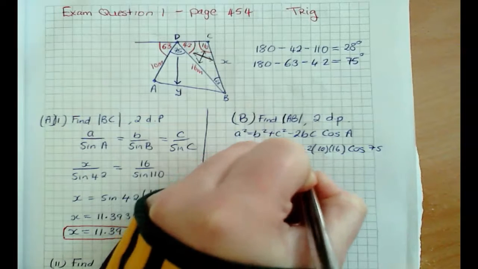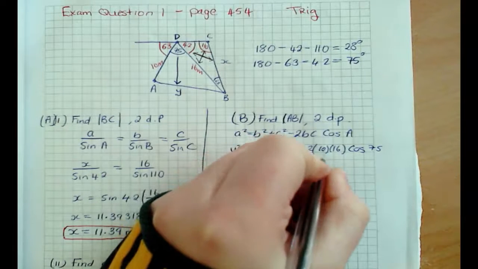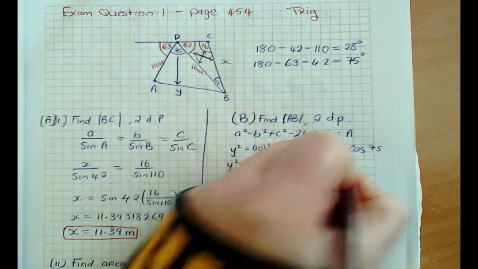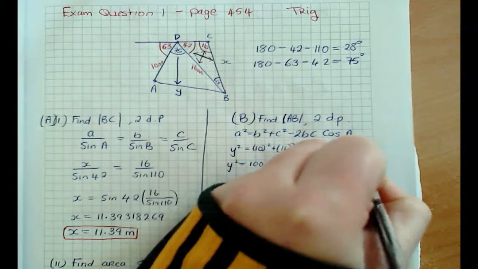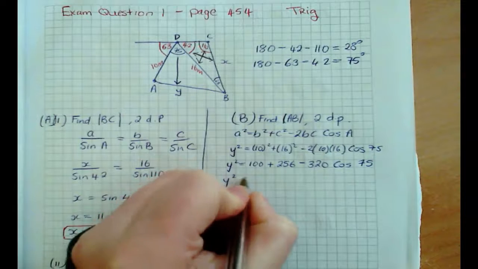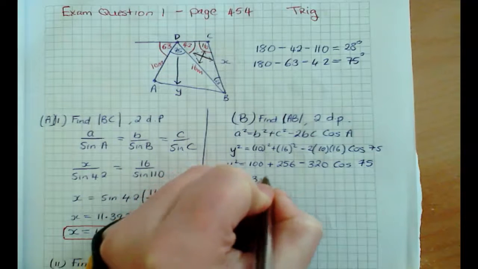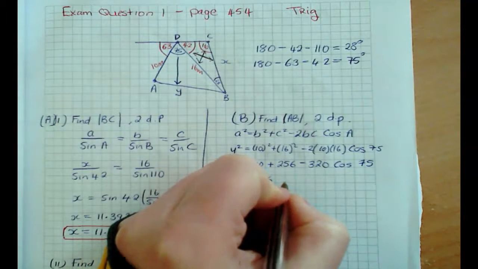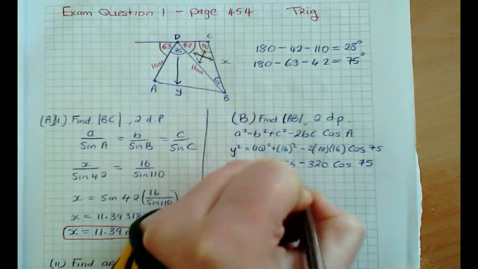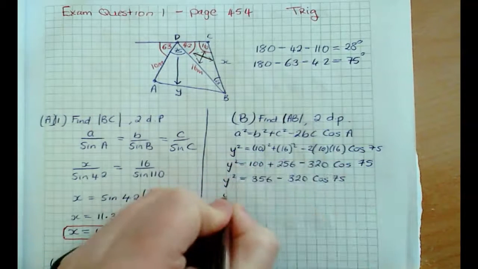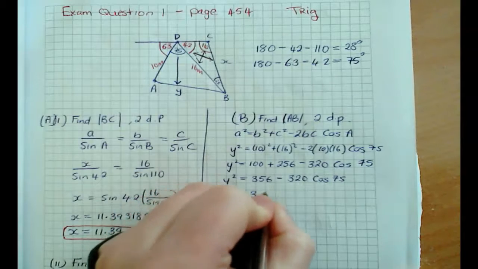When you put it into the calculator, minus 2 by 10 by 16 is 320 cos 75. So y squared is equal to 356 minus 320 cos 75.